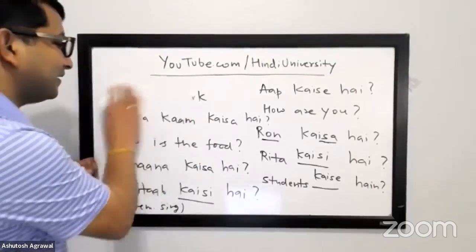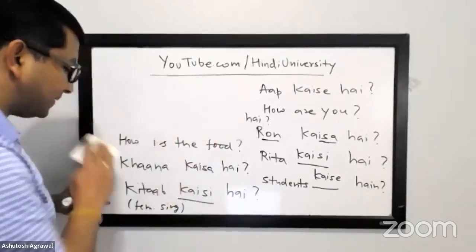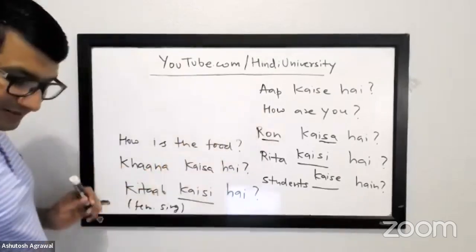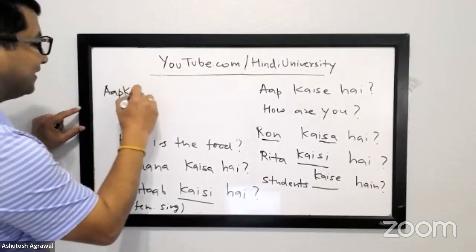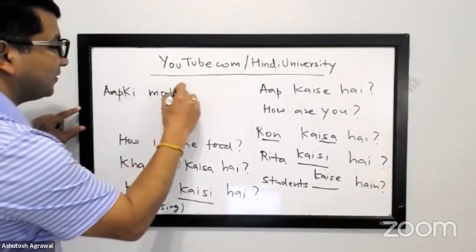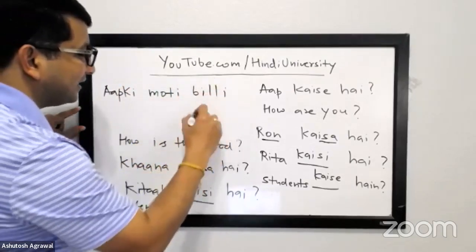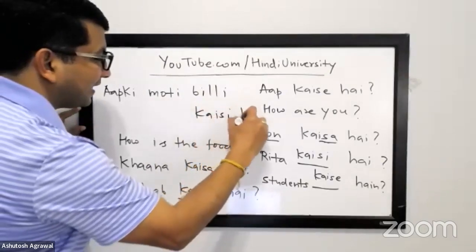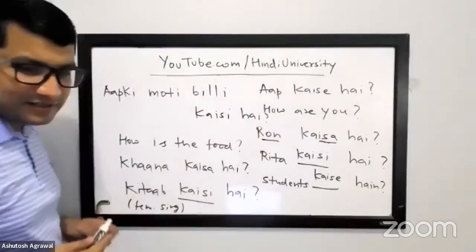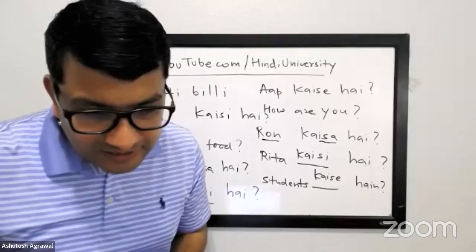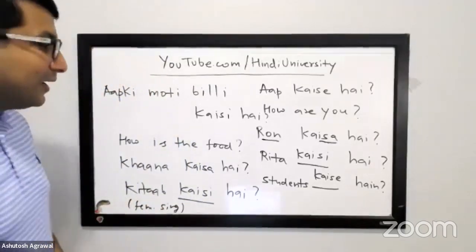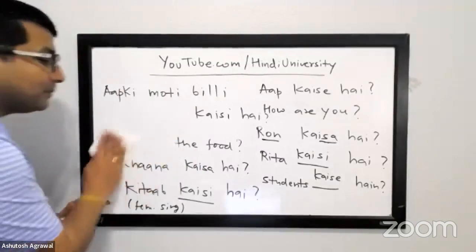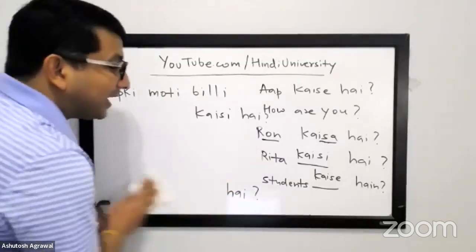How's your cat? You said आपकी मोटी बिल्ली, your fat cat. Awesome. Anyone else? आपकी बेटी कैसी है? Very good. How's your daughter? Similarly, आपकी माँ कैसी है?